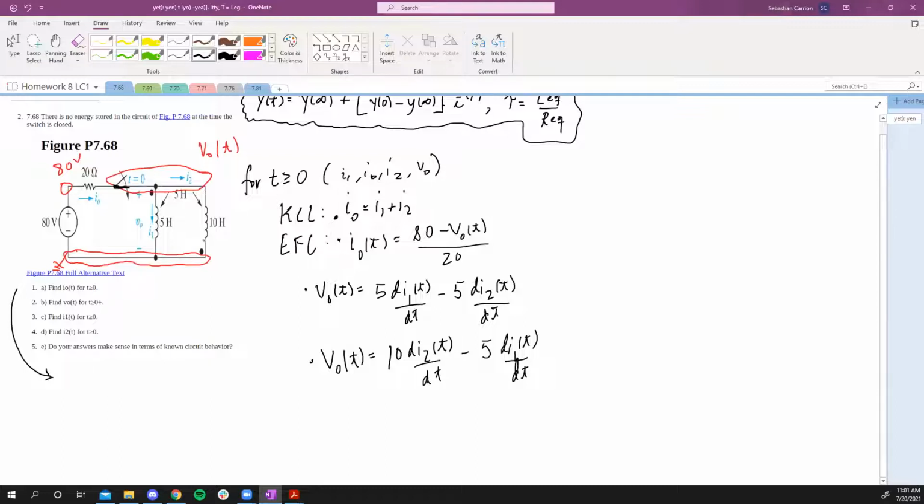The best way to approach this is to find the equivalent inductance between these two, right?